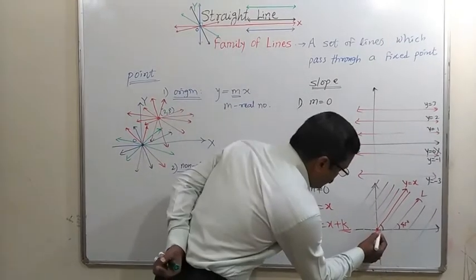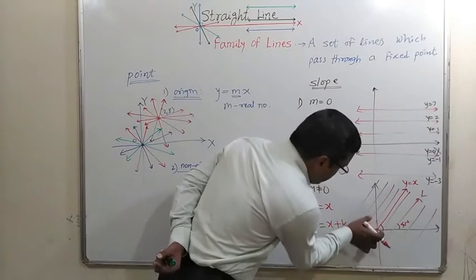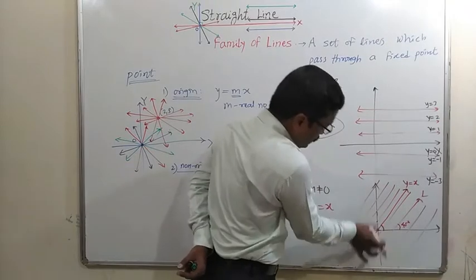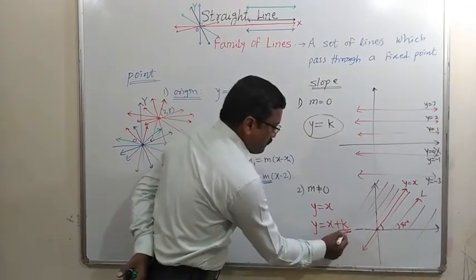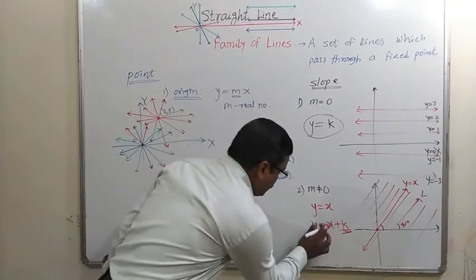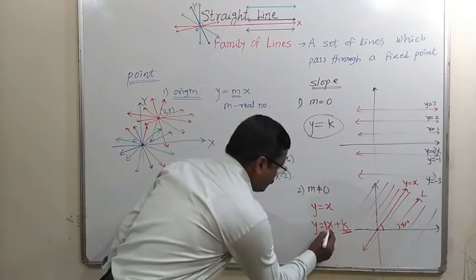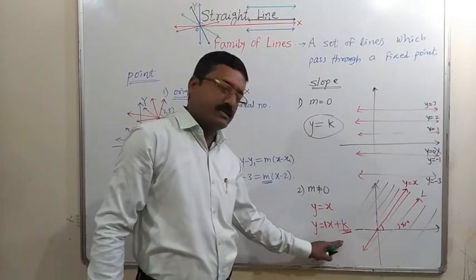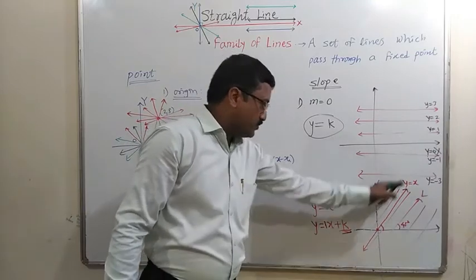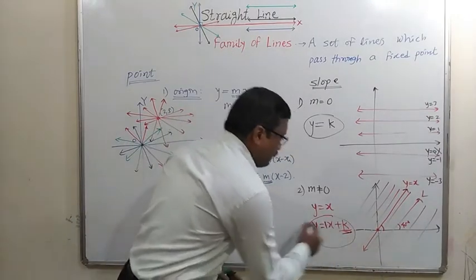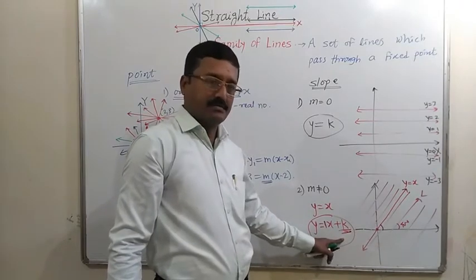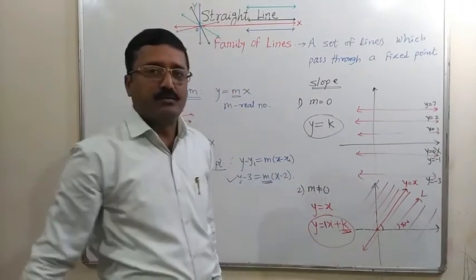The intercept of this line is 0, and the intercept of the second line is this much. Only the intercept changes, positive or negative. So y is equal to x plus k means we have fixed the slope, that is 1. For different y-intercepts, we get a family of lines having slope 1. Obviously they pass through different points.